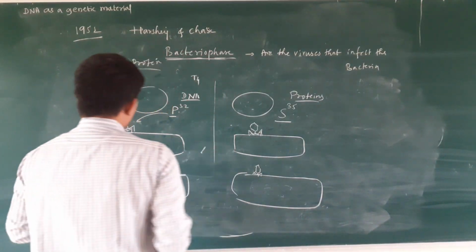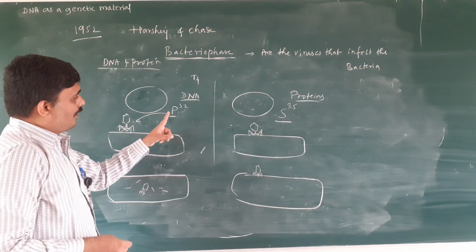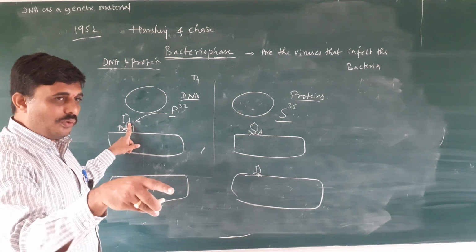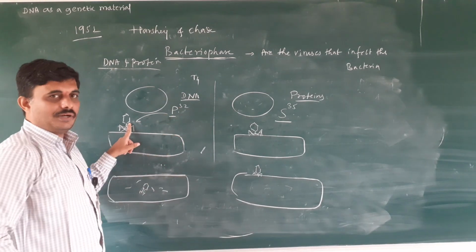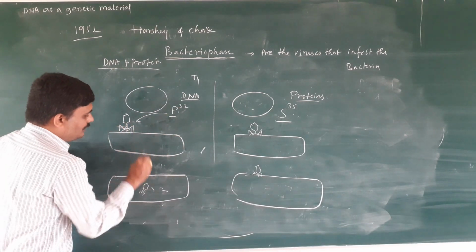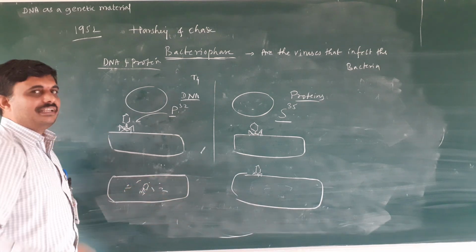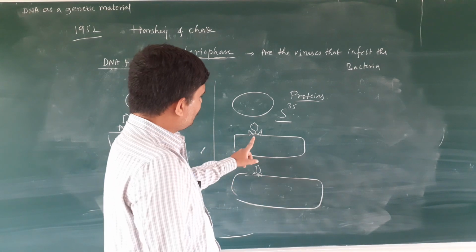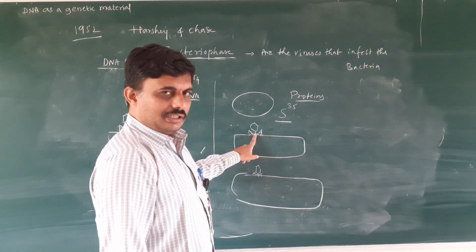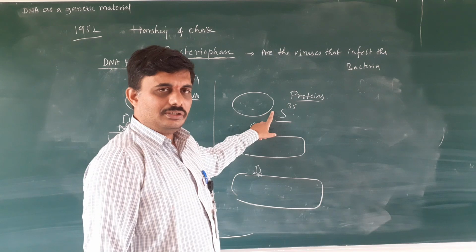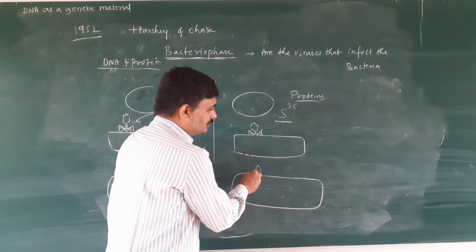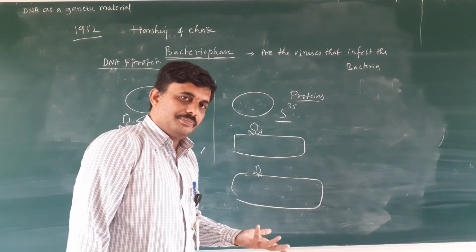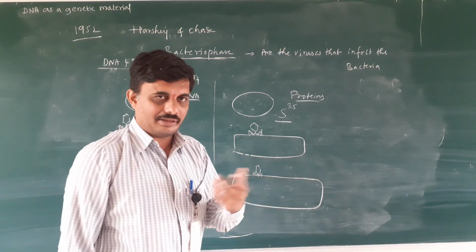Radiography shows that for the bacteriophage grown in media containing phosphorus 32, the radioactivity is always showing inside the bacteria. And for the bacteriophage grown in sulfur 35, it always shows the radioactivity on the surface of the bacteria.